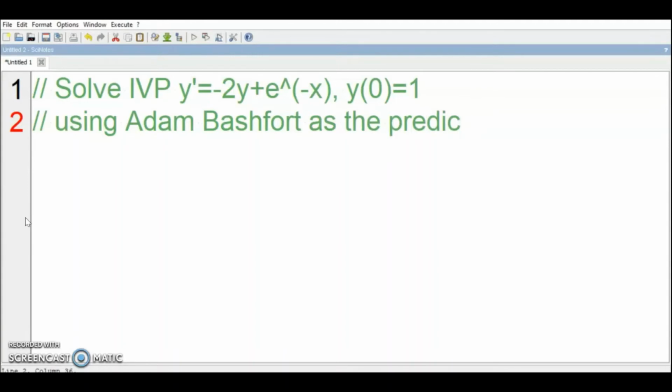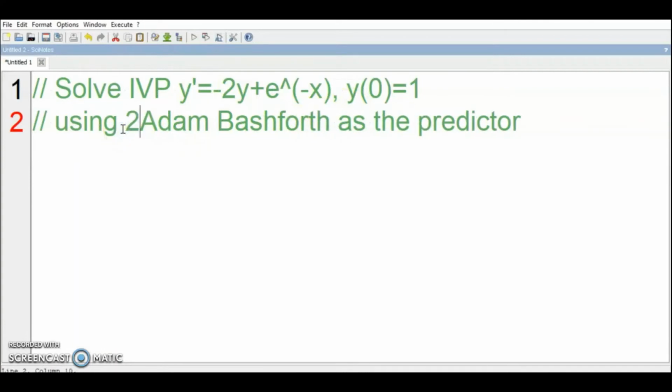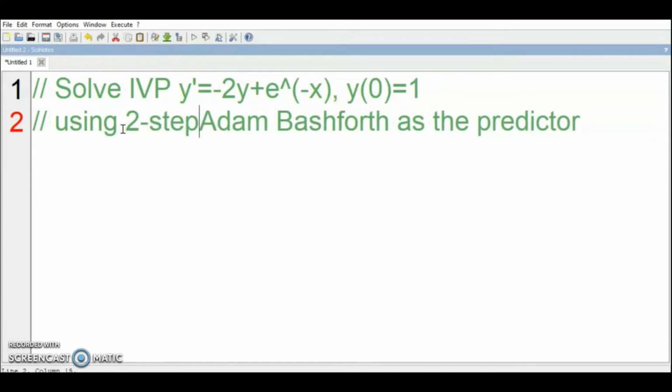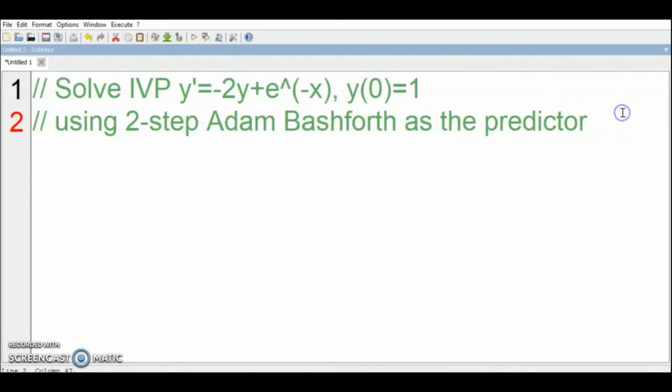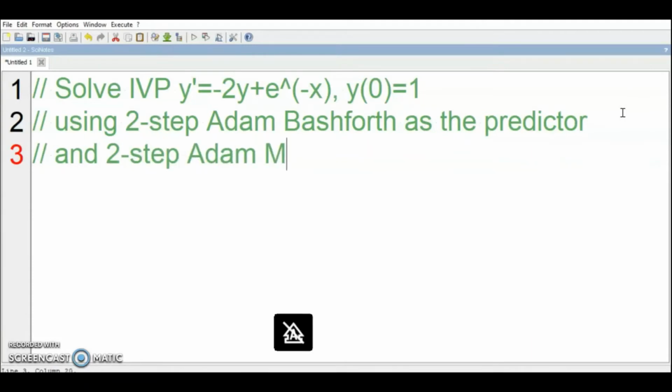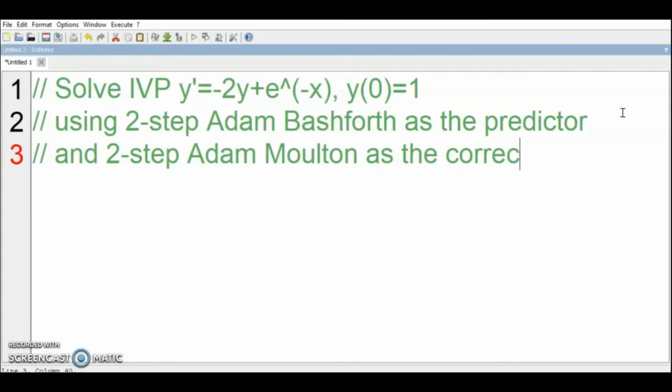Now, there are many steps of Adams-Bashforth, so we need to write two-step Adams-Bashforth as the predictor and two-step Adams-Moulton as the corrector. Okay, so this is what we want to do.